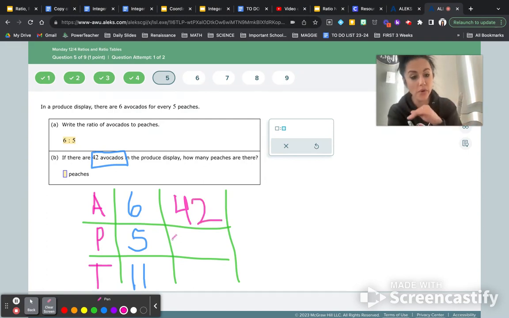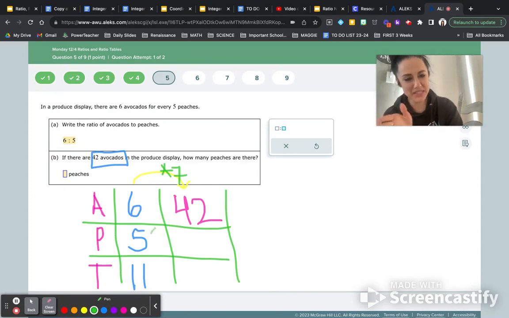And then your whole goal, if you can remember, is that we're trying to keep everything proportionate, which is the same thing as when we talked about equivalent fractions. We're keeping it equivalent or proportionate in our ratios. So all you're really doing is asking yourself that math problem: 6 times what gets me 42? Well, I know if I take 6 times 7, sorry, it takes me a minute to write this, 7.